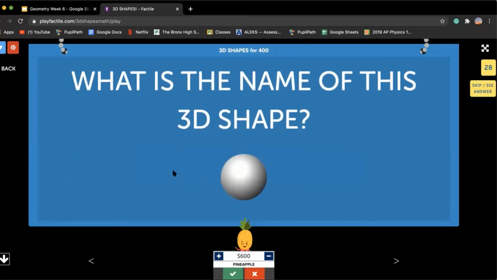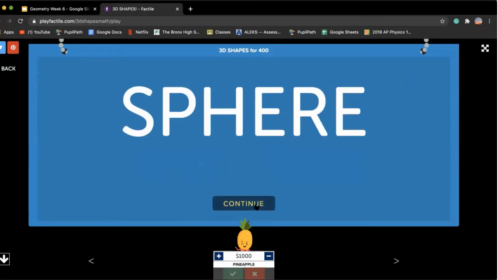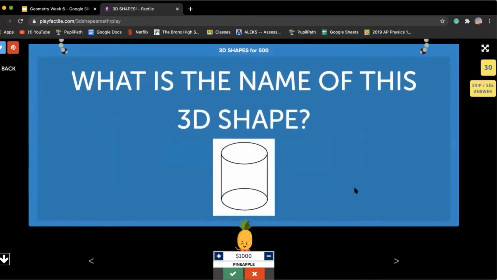What is the name of this 3D shape? That's a sphere. Yes, that's a sphere. And what is the name of this 3D shape? It's a cylinder.